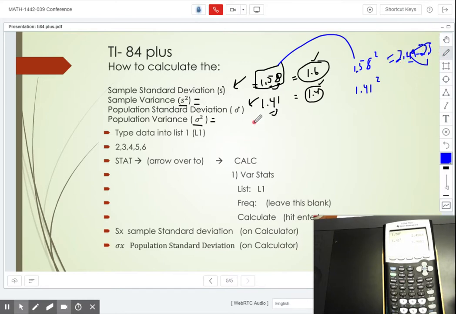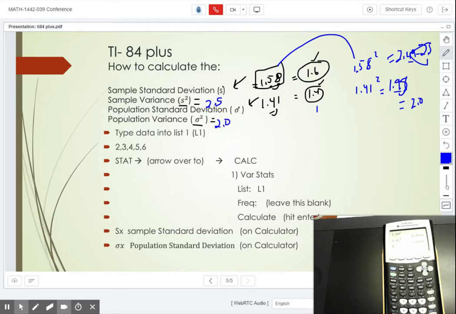So my sample variance will be 2.5. Here, my population variance is 1.41 squared, which is 1.98. If I round it to one decimal place, add 1 to it, and I get 2.0. So my population variance will be 2.0.